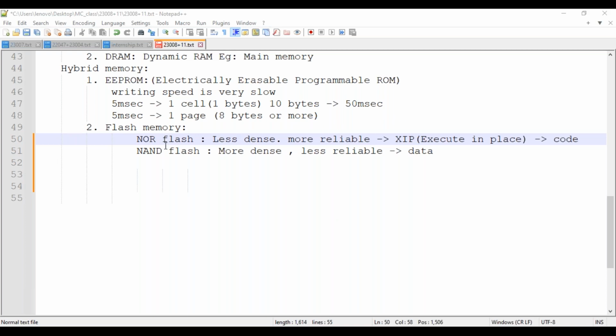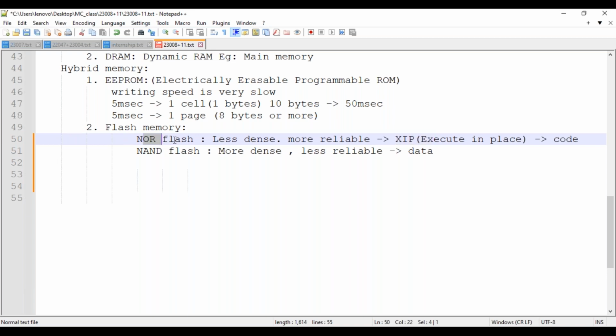But if you get a code stored in the NOR flash, we have an option of execute in place. You don't have to bring it to the RAM for its execution. If the code is stored in the NOR flash, it can get executed there itself. That is another advantage of NOR flash.